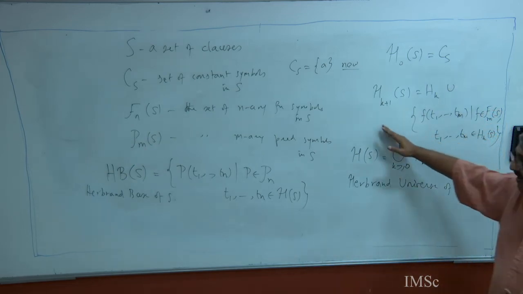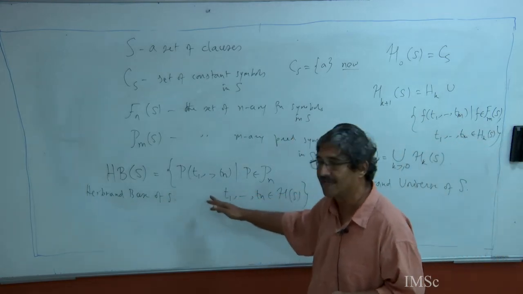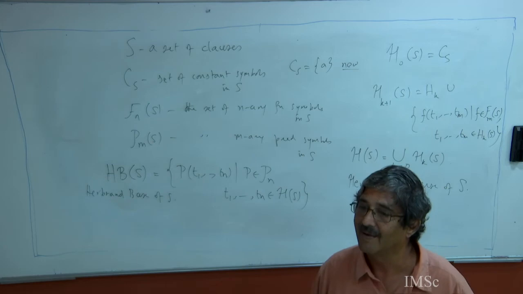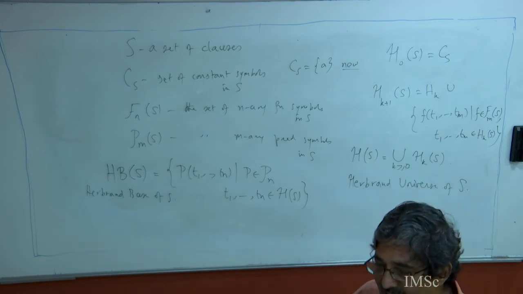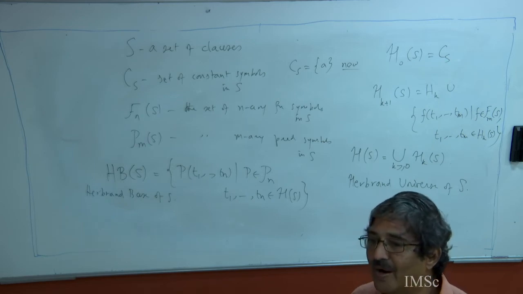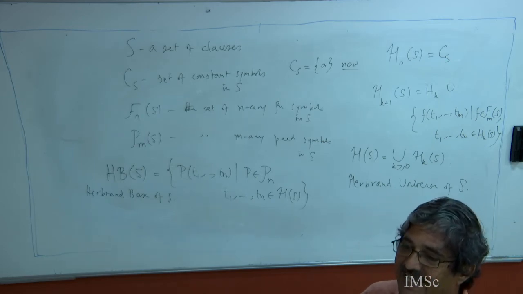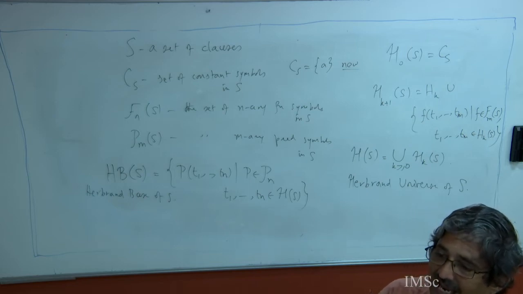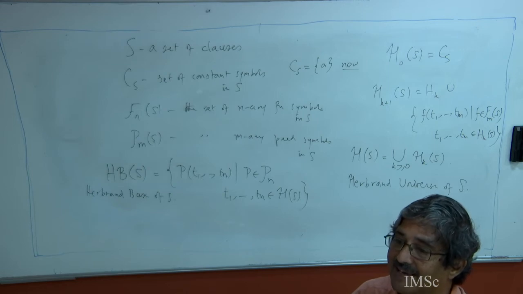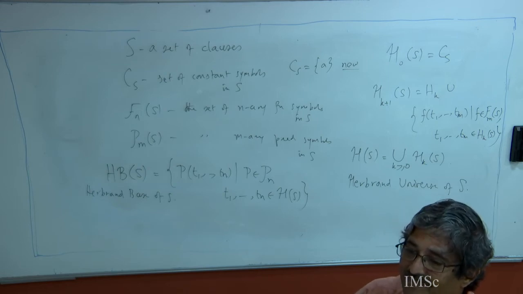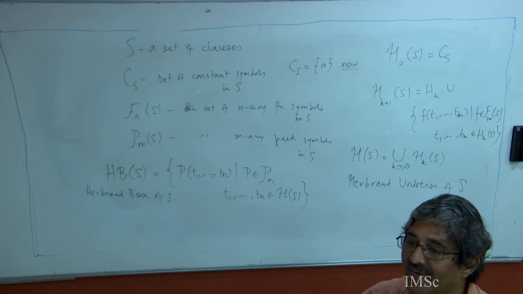And the moment the Herbrand universe is infinite, the Herbrand base is also infinite, since there are infinitely many terms to plug in. This is reasonable if you think about it, because it is only when you say for all x there exists y that you can start building infinite sets. For instance, if you want to talk about a successor, for every m there is an n which is a successor of m.